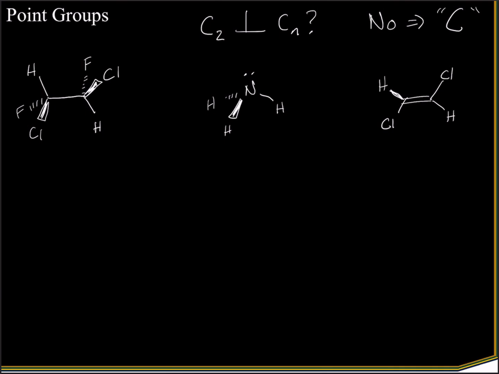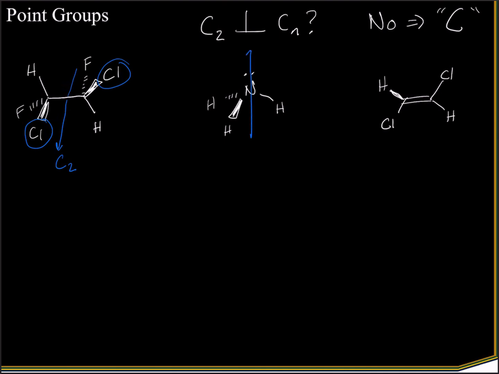So if we're going to go through and identify our principal rotation, this one is sticking straight out of the plane of the drawing surface, right? So this is a C2 axis where we can spin and we end up switching places between our chlorides and our fluorides and our hydrogens.